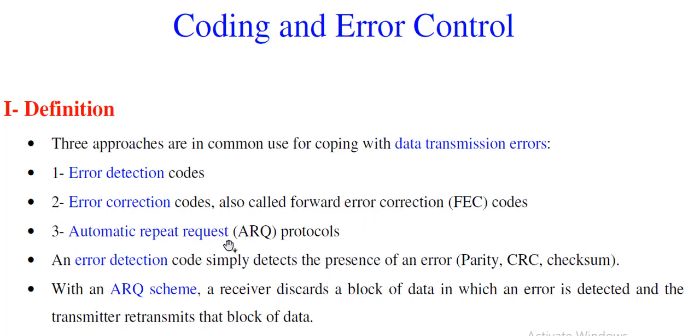The second technique is the automatic repeat request, which means that once the error is detected by one of the techniques, the receiver will ask the sender to resend it, or the sender, if it does not receive any acknowledgement, will resend the packet or the frame automatically, knowing that the frame has been discarded by the receiver.